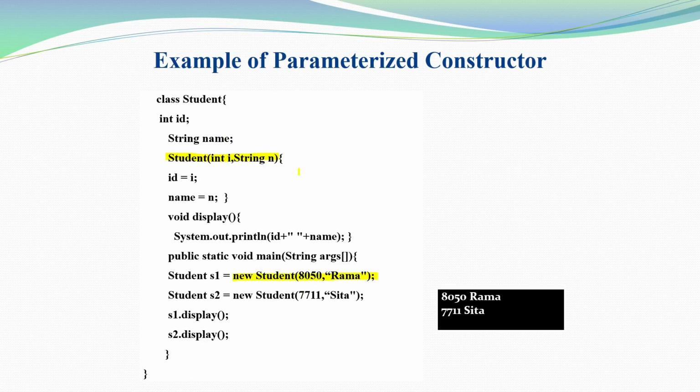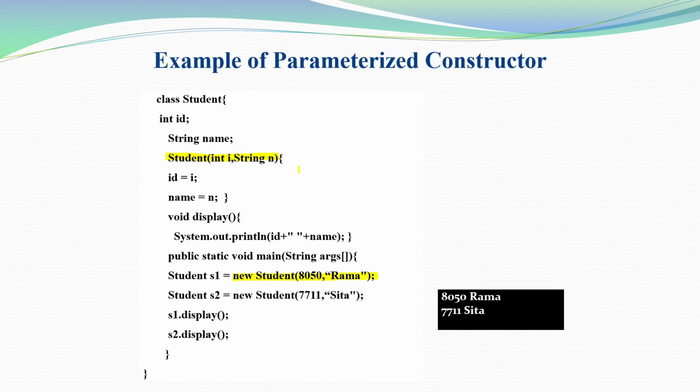So this is about the parameterized constructor. Hope you got clarity on what a constructor is, what the rules to be followed while creating a constructor are, and what the types of constructors are, that is default, no argument, and parameterized constructors.